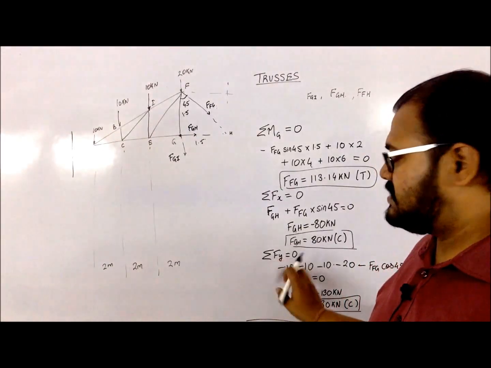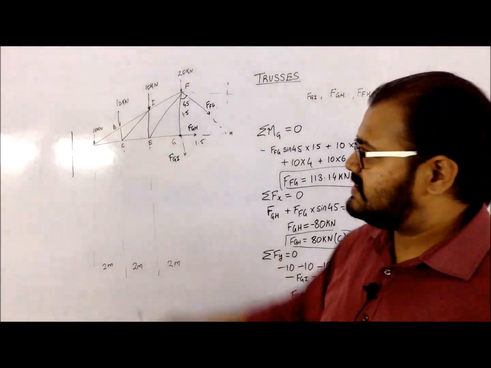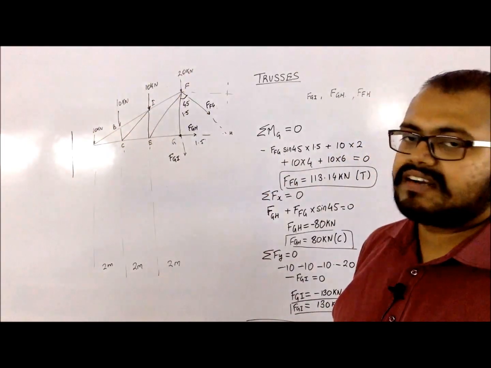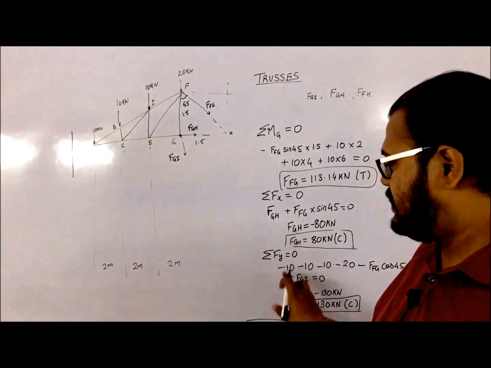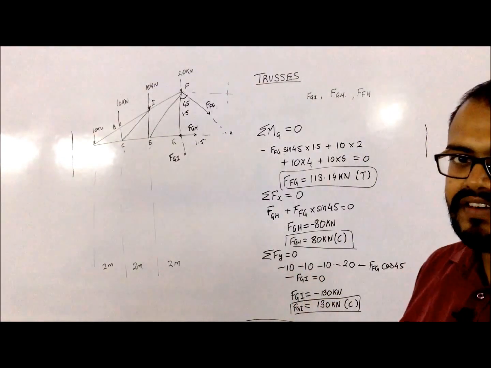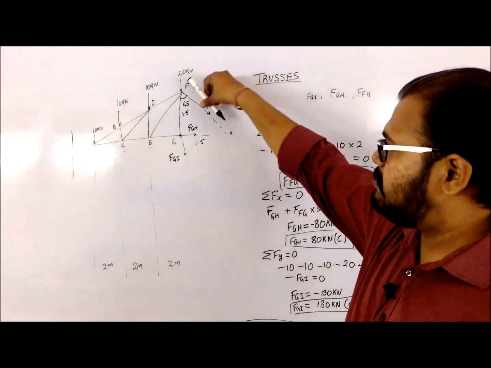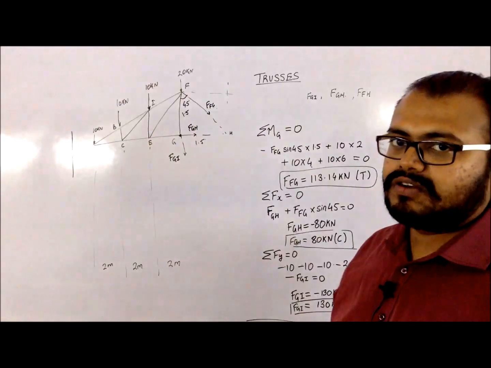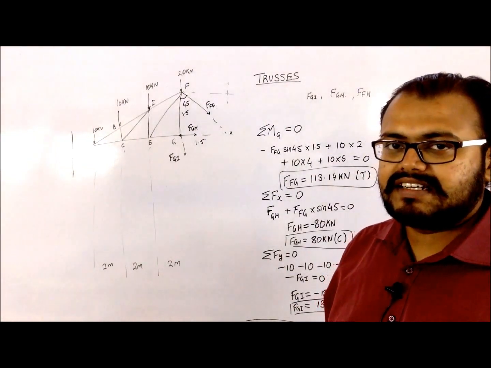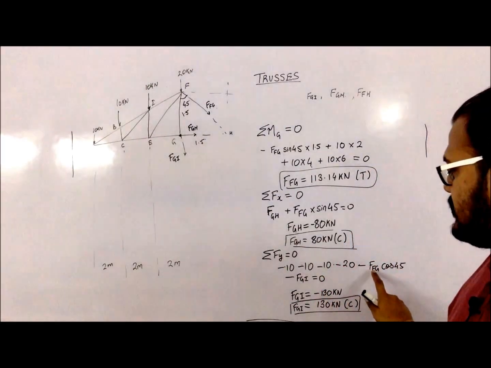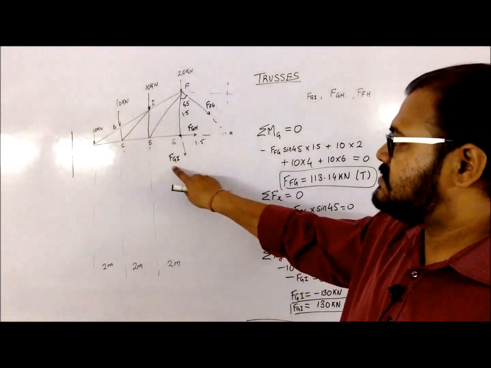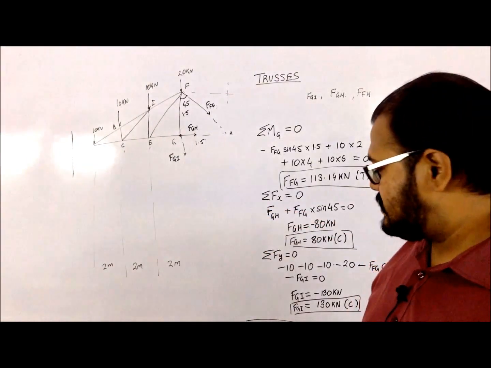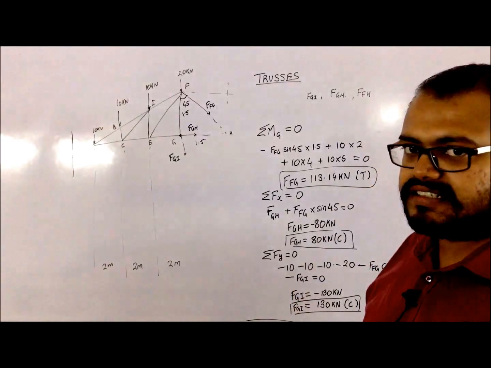When I am going for summation Fy calculation, I can see that these forces are acting downwards, that is in the negative y direction. So that is why they will have a negative component. Then the component of FFG, which is also going in the negative y direction, it will also have FFG cos 45 as a negative, and FGI is also going in the negative direction, so it will have a negative FGI.